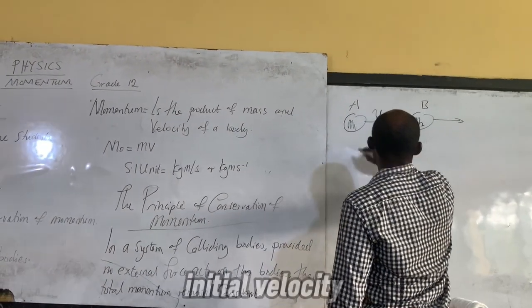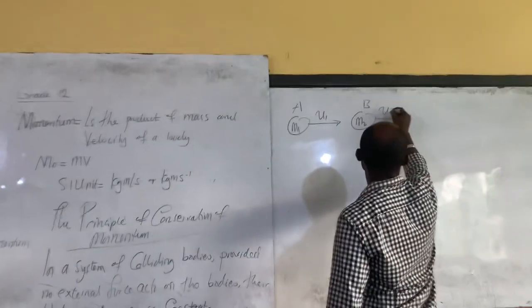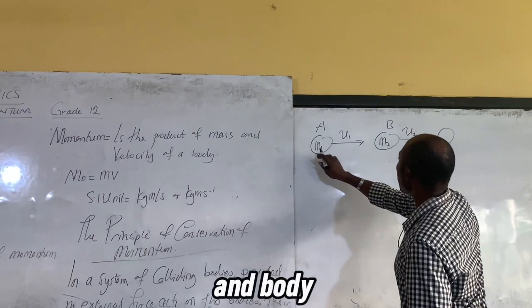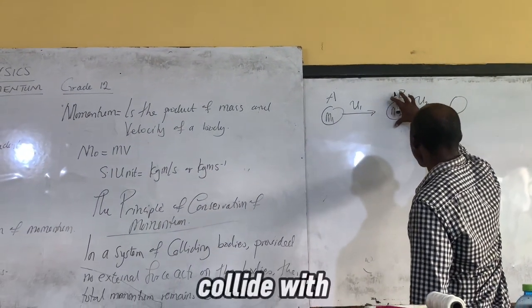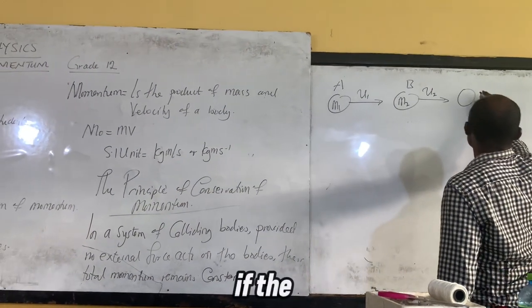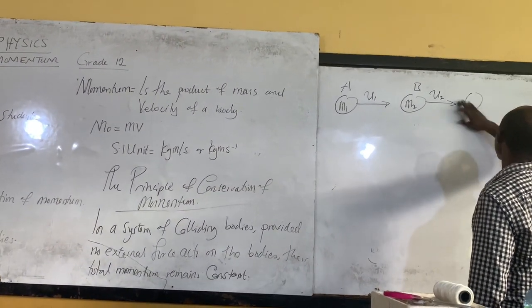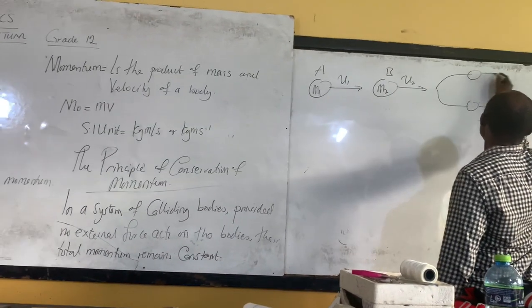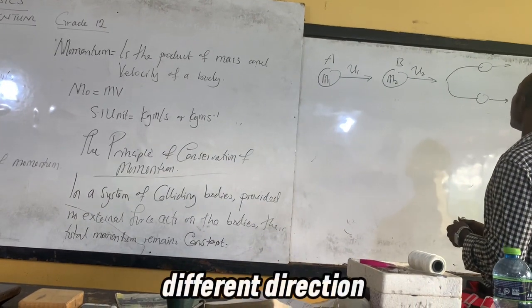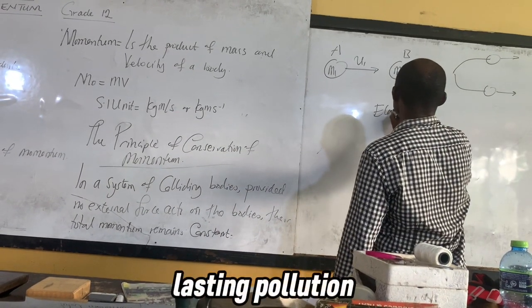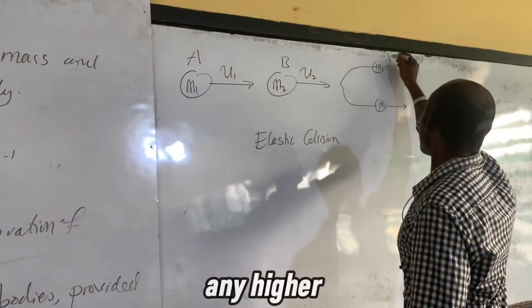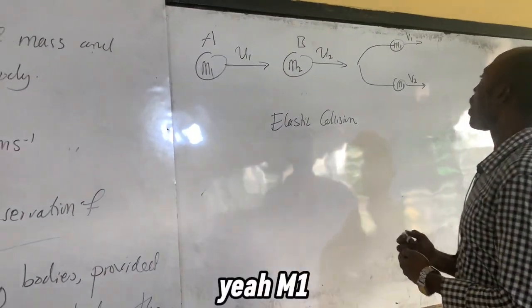When they move with initial velocities, and body A moves and collides with body B, if they move in different directions, we call it elastic collision. M1, M2, and they have their final velocities here, V1 and V2.